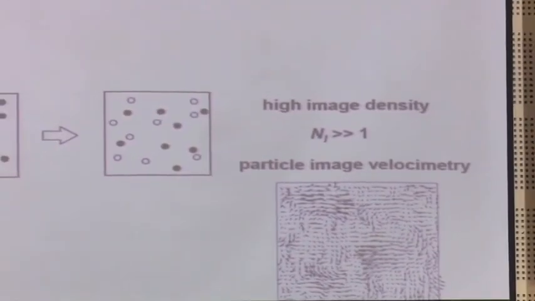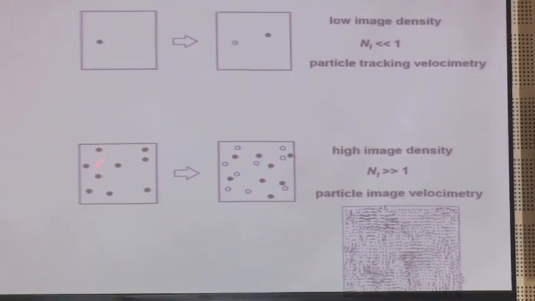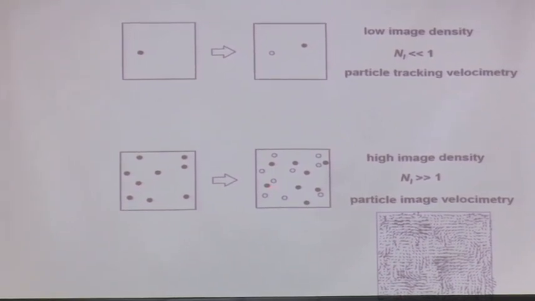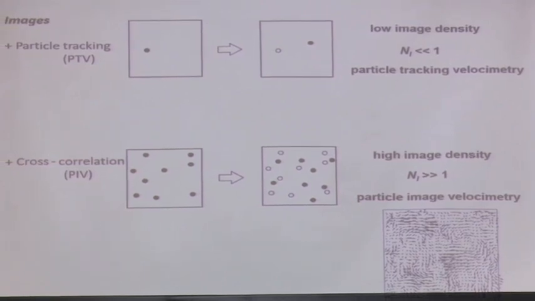And then the idea now is how can I use an image with many particles to evaluate locally the velocity. So for particle tracking, it's done almost by hand. So with a computer, you can detect that particle, you have the velocity. For PIV, you are going to use some statistical analysis, which is called cross correlation.